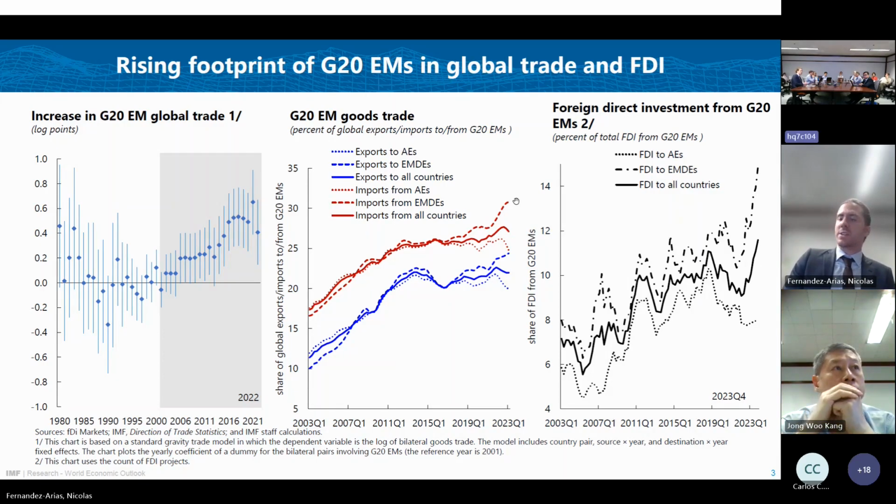We also see this increasing integration not just in trade, but also in direct investment, shown on the right-hand side chart, which increases from about 6 to 10% of total FDI. And this is outward FDI by G20 emerging markets.